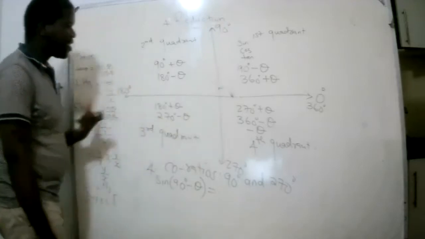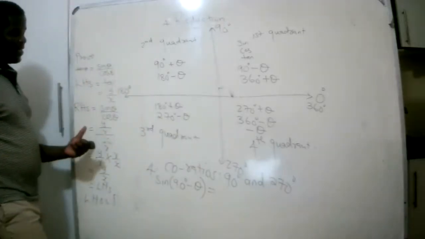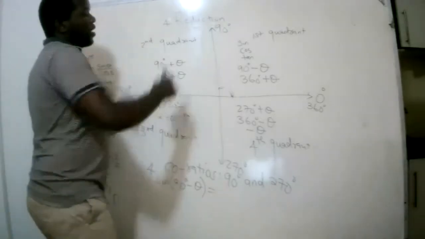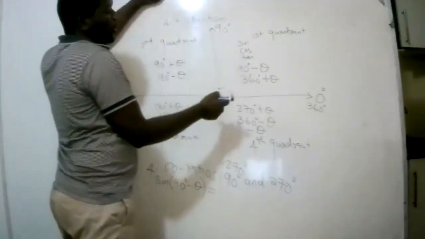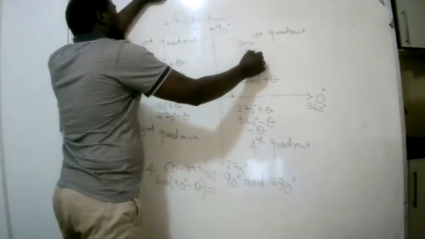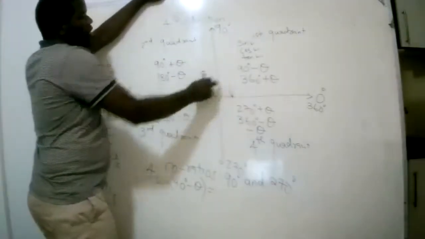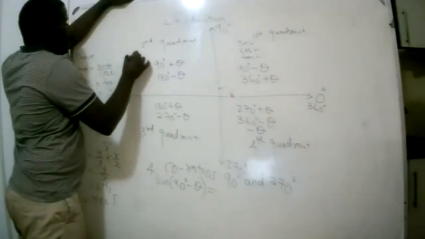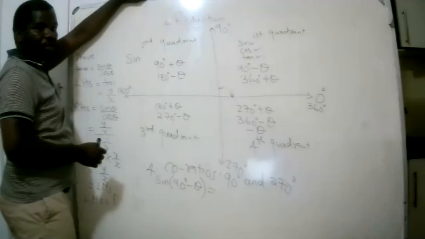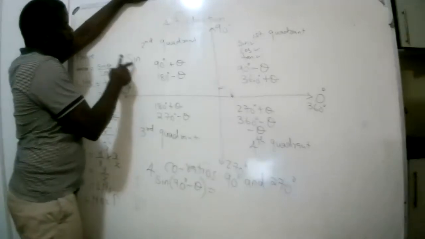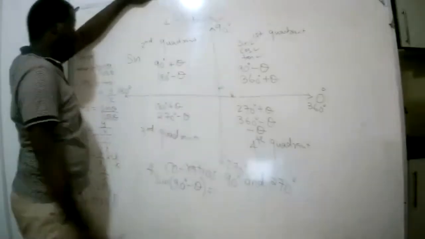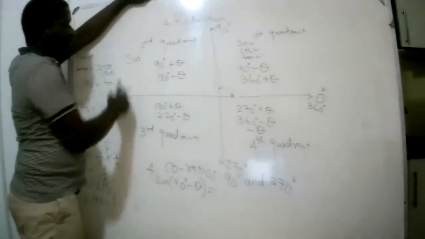And on the first quadrant, let me emphasize this again before I explain further. It's all trig ratios which are positive. Sine, cos, and tan, they are all positive on the first quadrant. But on the second quadrant, it's only sine which is positive. So it means if we have sine of 90 plus theta, the answer we're going to get is positive, because it's sine.